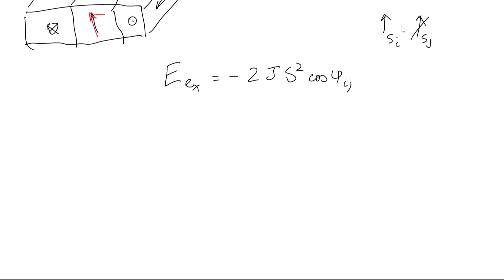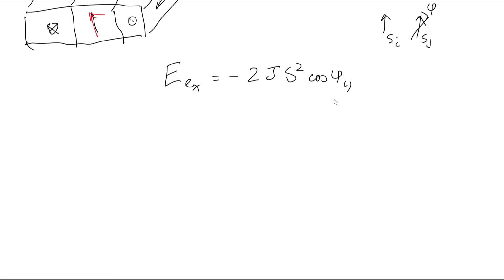So if you remember, exchange energy is -2 J S squared cosine phi_ij. So if you have one spin as i, the other spin as j, and there is a certain angle between them, that would be the angle phi.